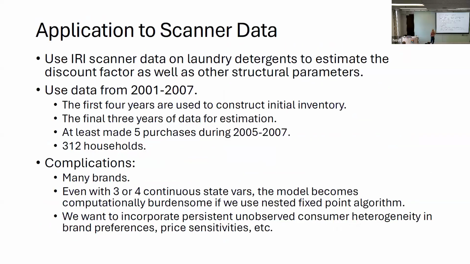Okay, so now I want to move to applications of these arguments. In this paper, we apply our arguments to the scanner data. For some of you who are not familiar with this data, this IRI scanner data is actually very reasonable. You pay only a few $100s, you can get the whole data set.